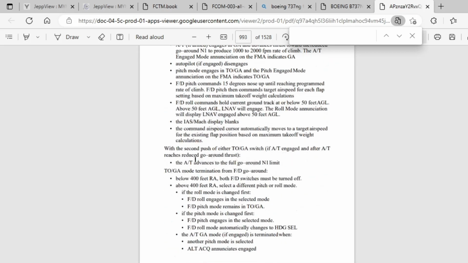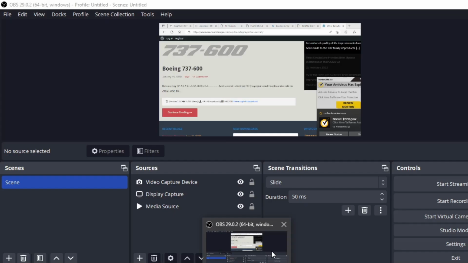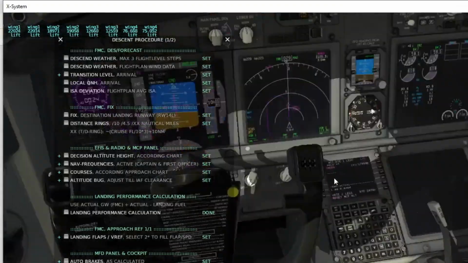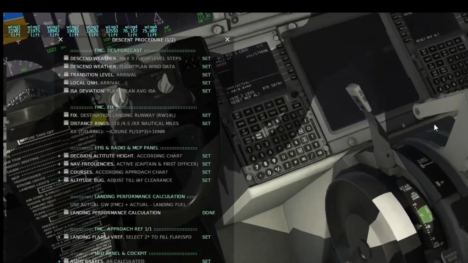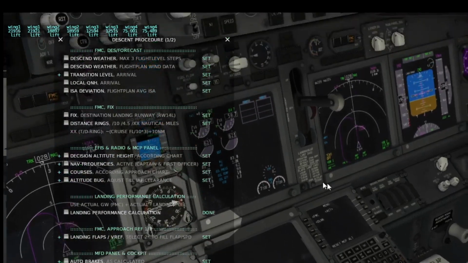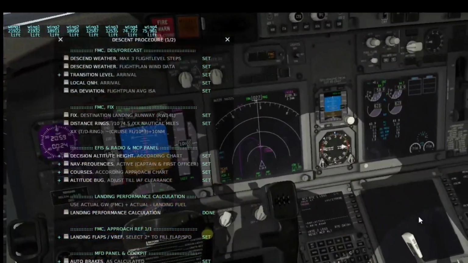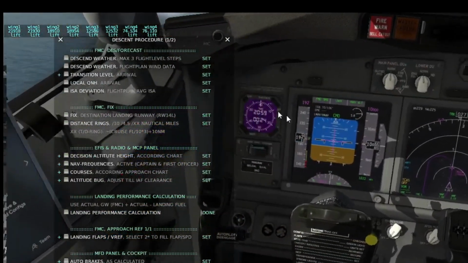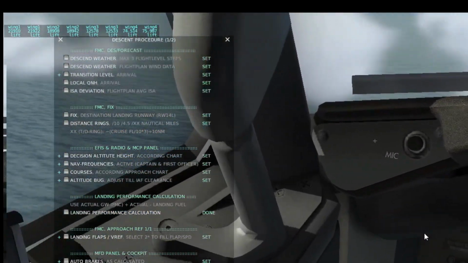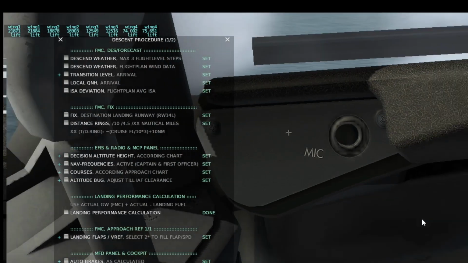And if you push the go around, that was a lot, yeah. So in short, when you're ready to go around when you're landing, push the TOGA switch, or on the 737 that I'm flying here in the flight simulator, this can also be achieved by pressing the mic button.